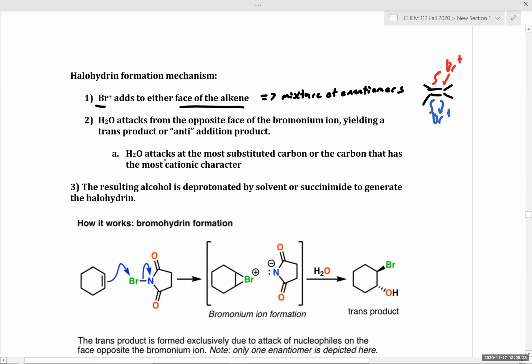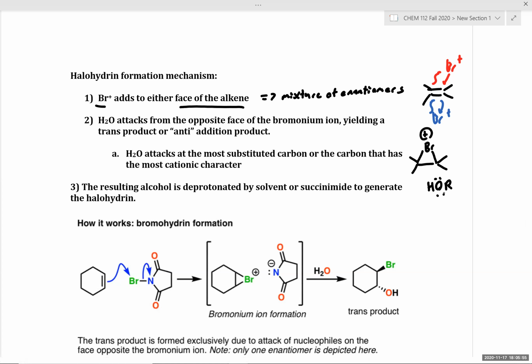Okay, once that's set up and you have your bromonium intermediate, rather than intercepting it with an equivalent of bromide, we instead intercept our bromonium intermediate with our alcohol or water.